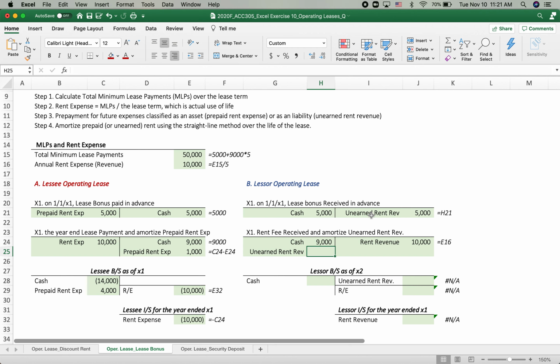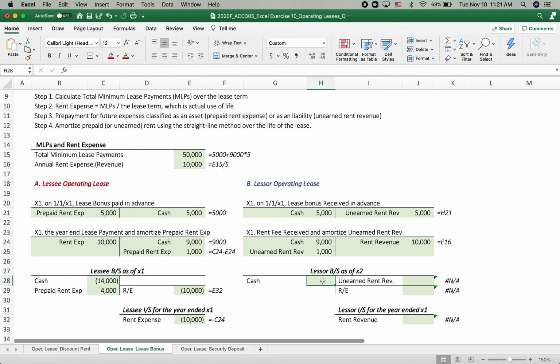Again, the unearned rent revenue is a liability because they owe the service, $5,000. Once they deliver the service, they recognize the $10,000, so where is the rest? The difference is $1,000 they delivered as service. Then totally $10,000 is the cash received that the company can recognize.